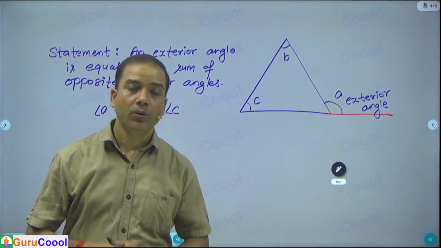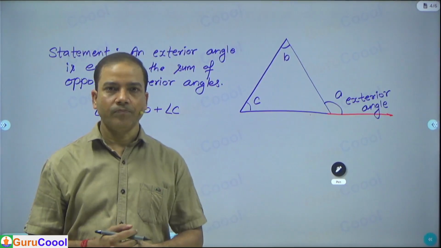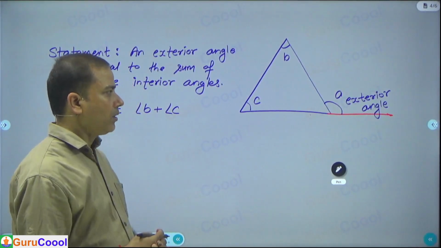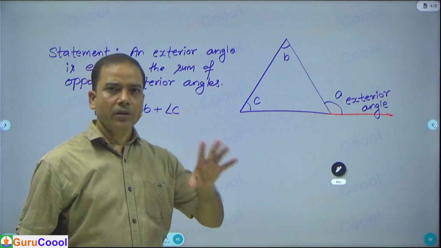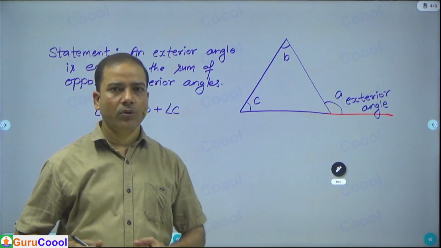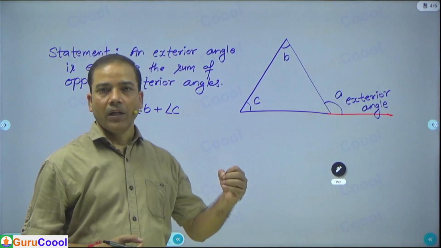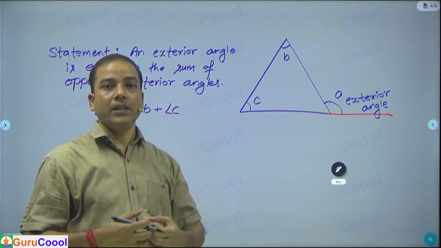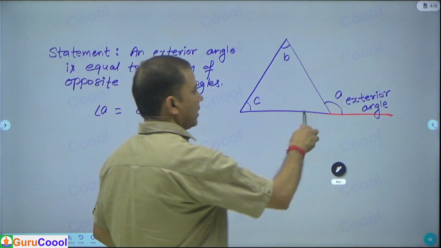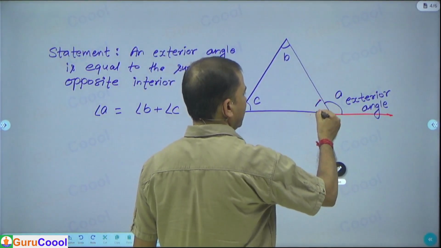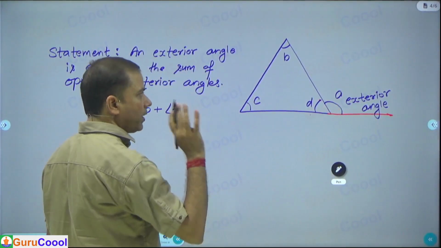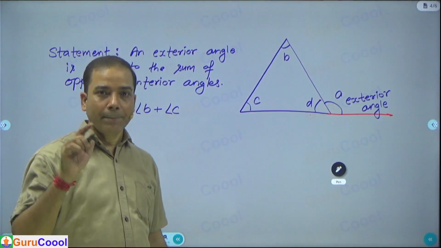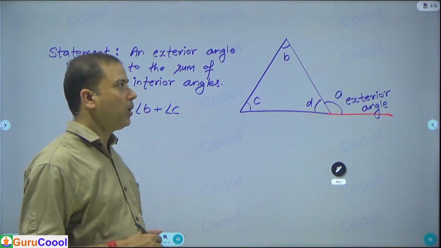Now you might be thinking, what is the proof? How does this happen? What is the logic behind it? Let us understand the logic. We have seen in the previous video lesson that all three angles sum up to 180 degrees in a triangle. Let us consider this angle to be angle D. If you have not watched that video, please watch it.